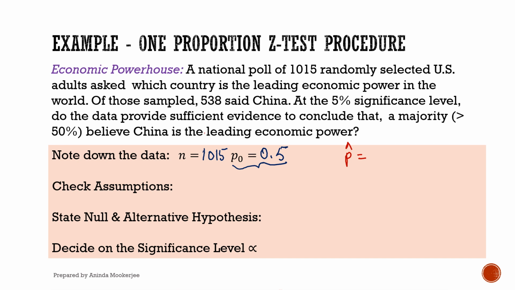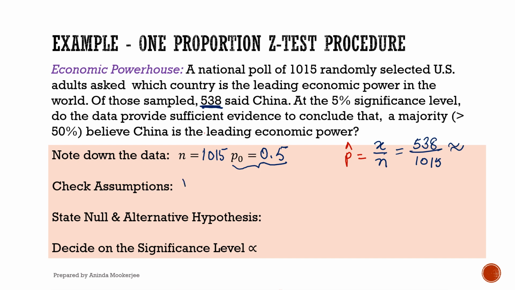The p hat, on the other hand, is x divided by n. So x here is the number of people who said China. So 538 divided by 1015, whatever that calculates to is going to be our p hat.